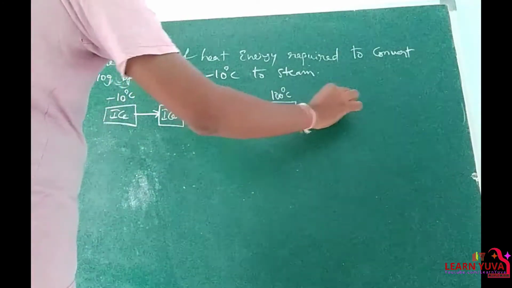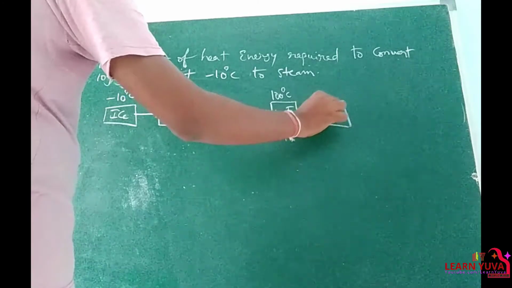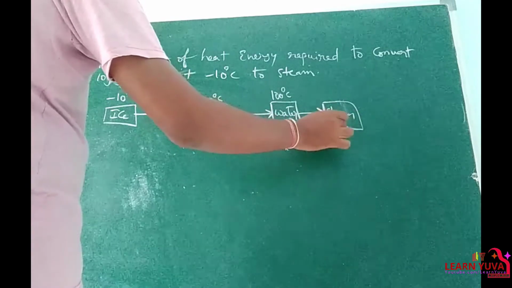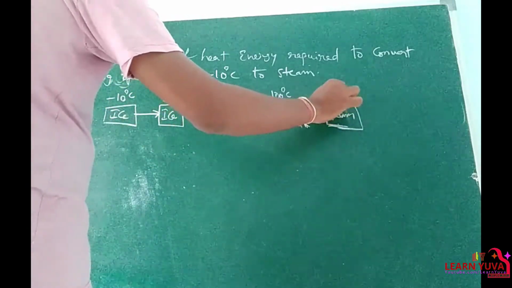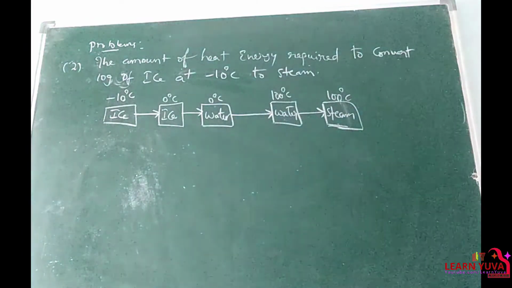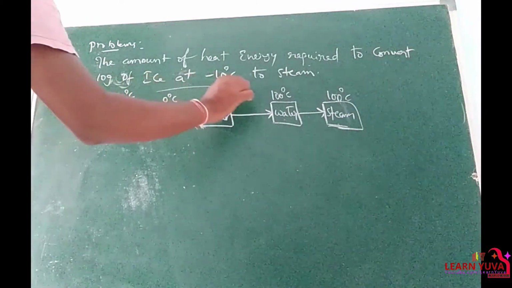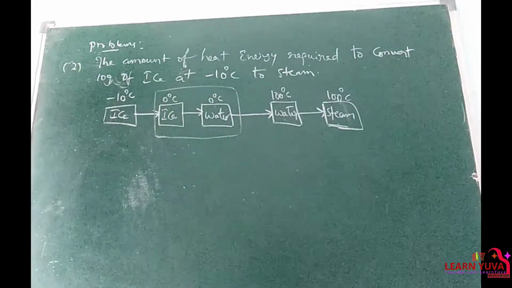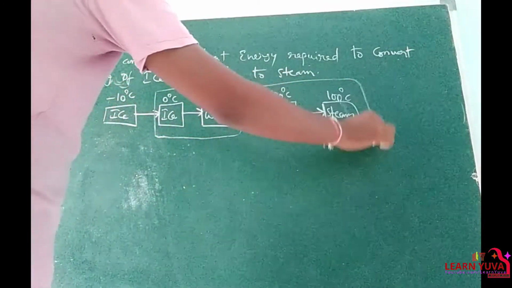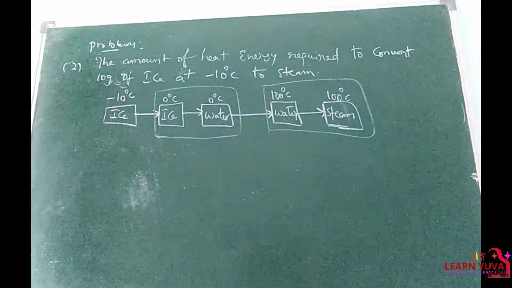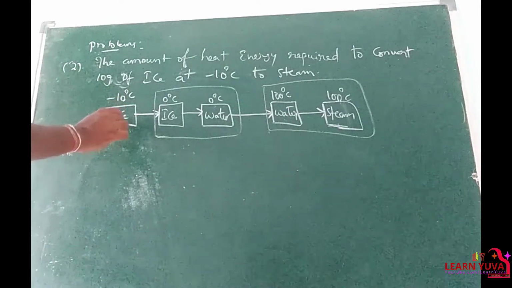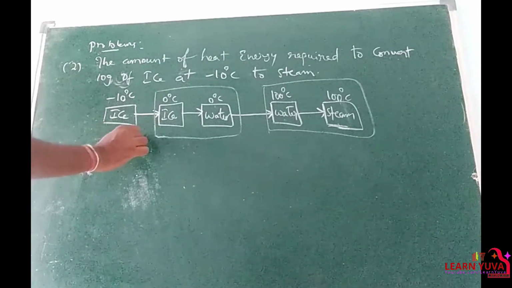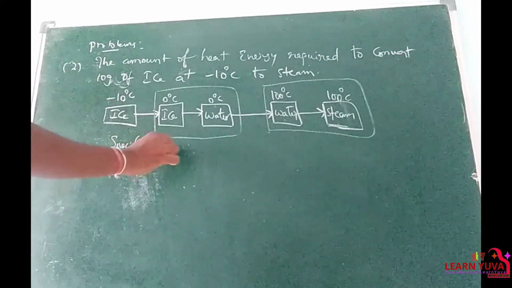And by giving the heat energy, the water gets converted to steam at 100 degrees Celsius. If you observe here, the change of state is done, but the temperature does not rise. Here also the change of state is done, but the temperature does not rise. So to convert ice at minus 10 degrees Celsius to 0 degrees Celsius, here we are using specific heat. The heat energy used is specific heat up to here.